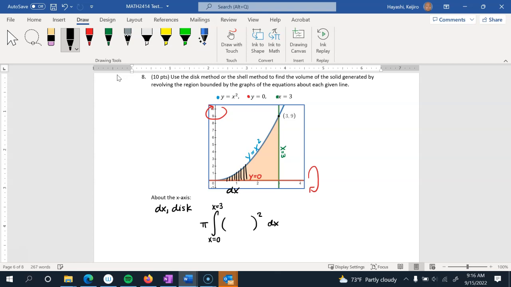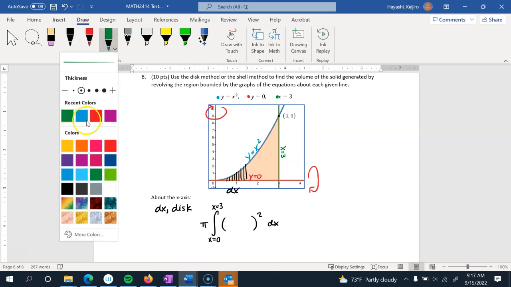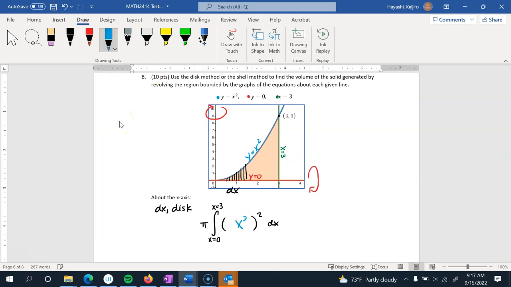And for the disk method, all we need is some sort of radius function squared, dx. And that radius function, the function that determines the radius of those individual disks as you rotate them out, that's just y equals x squared. So that's the integral.